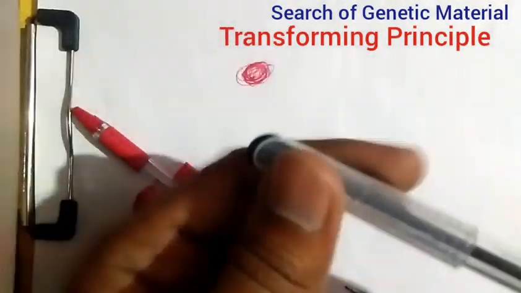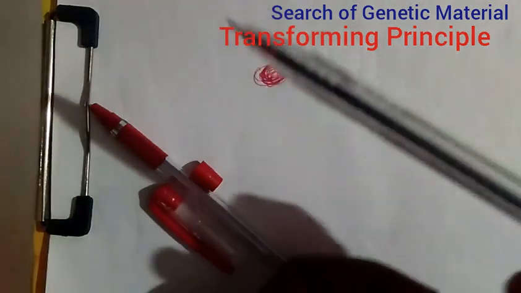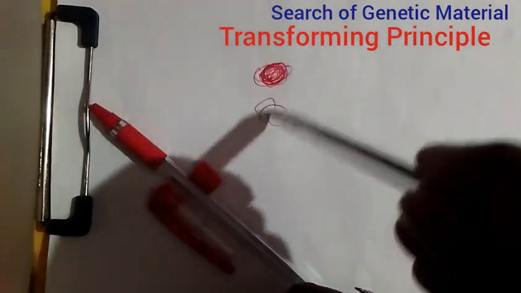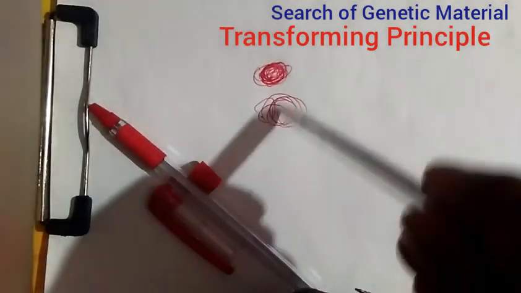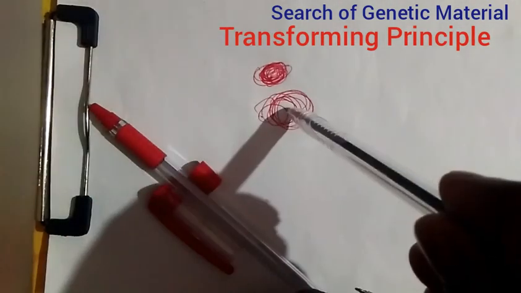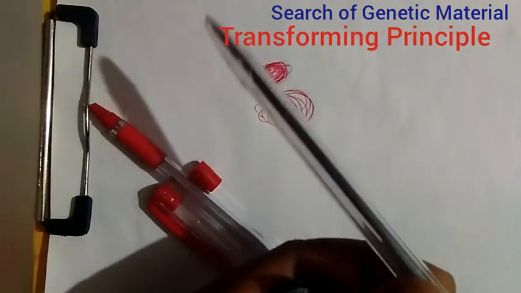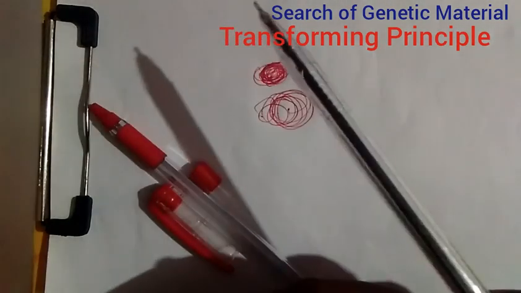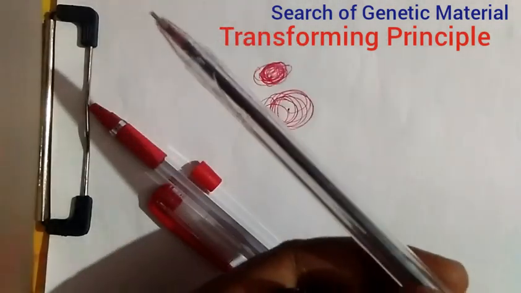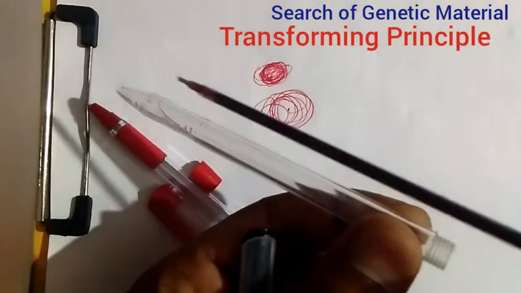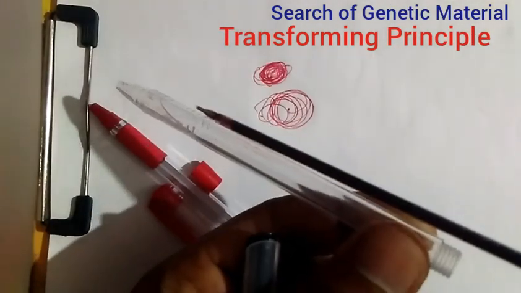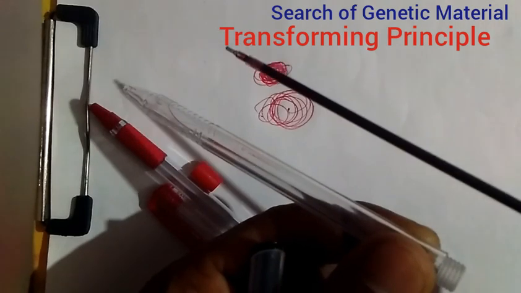Now it becomes a virulent strain. You can see this also produces the mucus over the bacteria. The normal R strain is transformed into the virulent strain because of the genetic material present inside the bacteria. Imagine this refill as the genetic material.